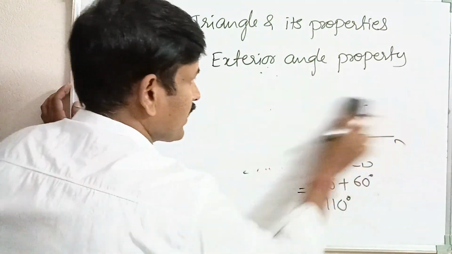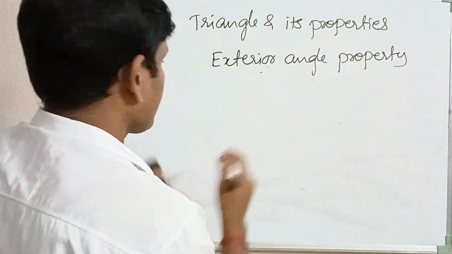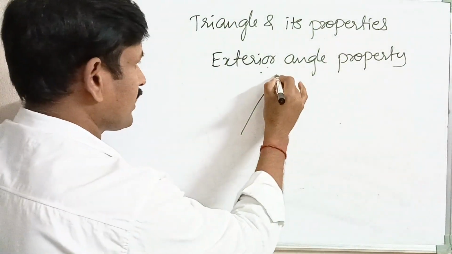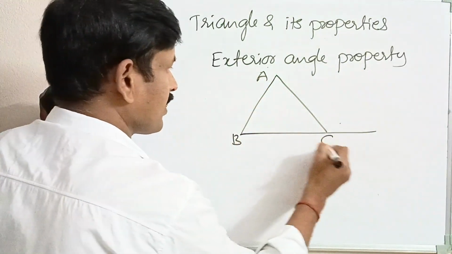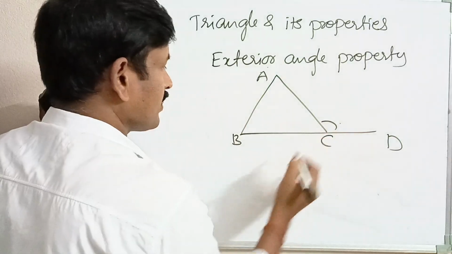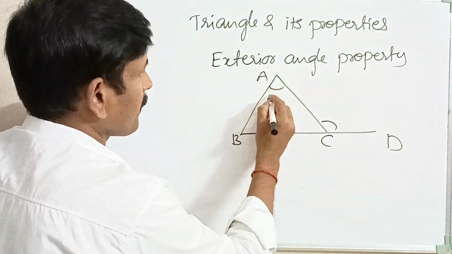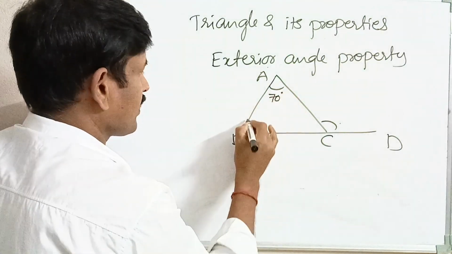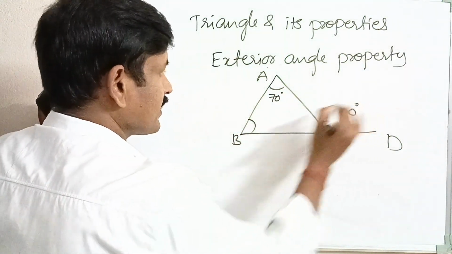Let us take one more example. Observe this triangle. In triangle ABC, the exterior angle is ACD. Angle A is 70 degrees. The exterior angle measures 120 degrees.